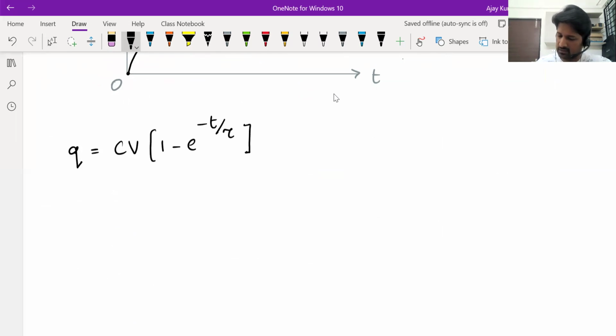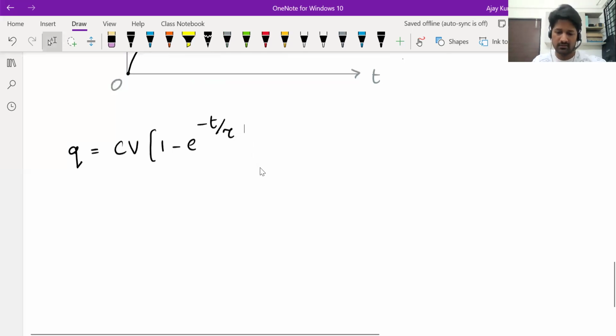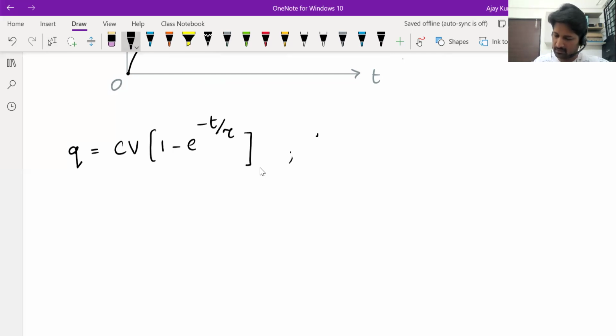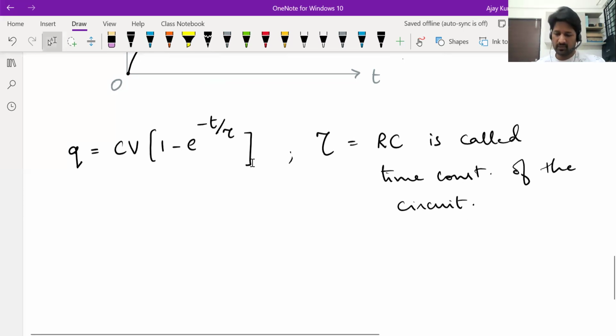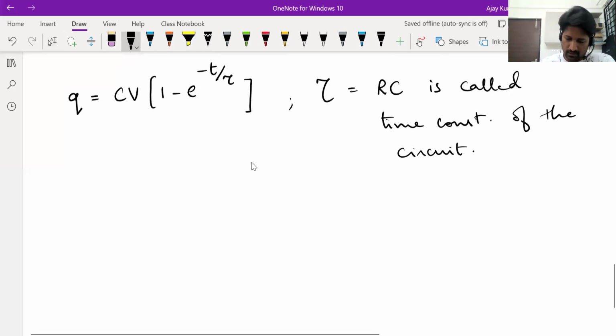Now, this is not the relaxation time that we had discussed about. Relaxation time has nothing to do with RC circuits. So tau here is called the time constant. We replaced RC with tau. It's called the time constant of the circuit.